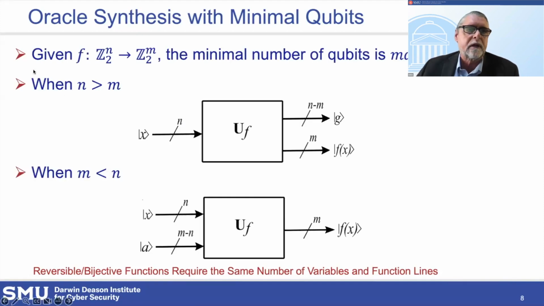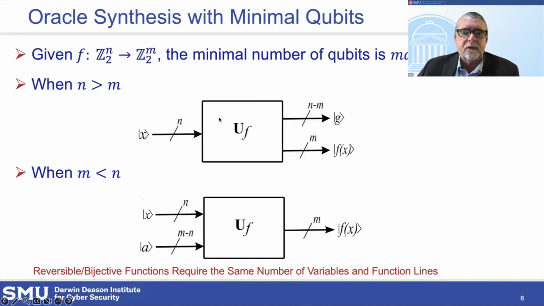The first one synthesizes the oracle with a minimal number of qubits required. So if you look at the absolutely minimal number of qubits, that would be for the case where we have more bits in the domain than we do in the range, a function that looks like this, where we added n minus m garbage outputs, because we know that we have to have the same number of lines on the left and right hand side.